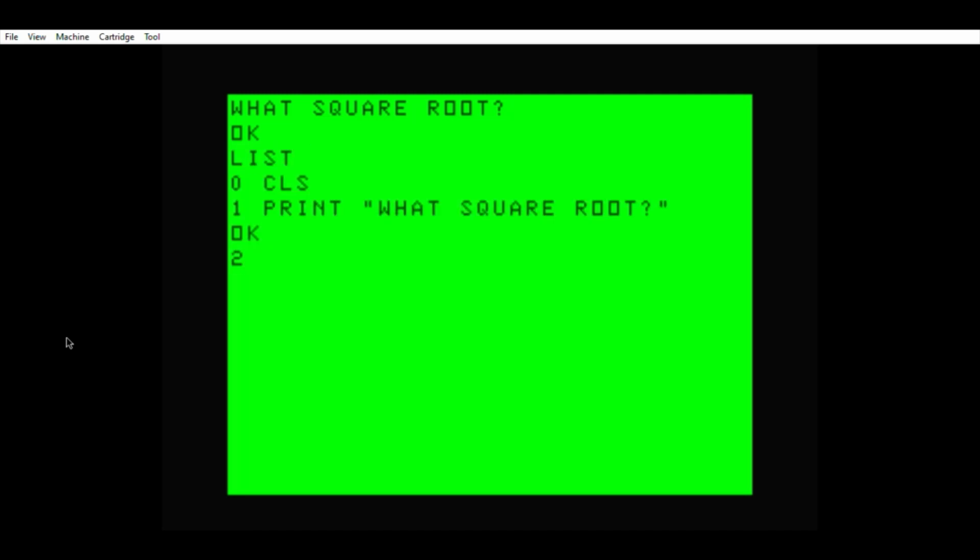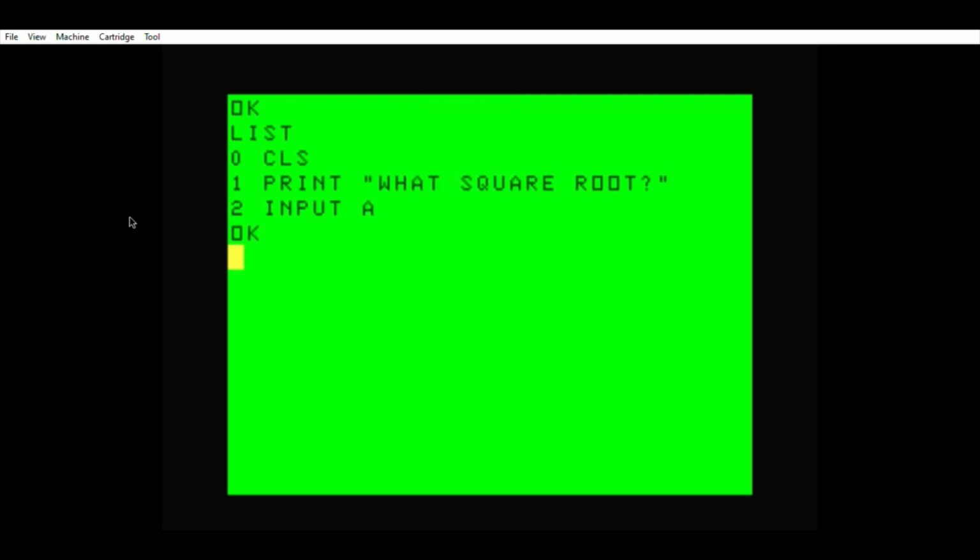Now we have to do line 2. We're going to put input A, and that's going to be our variable. Now when we run the program again, it's going to pause and ask us, well, what number do you want? We're going to say 25. That's where the program ends, because it doesn't go any farther. But we're going to make it go farther.